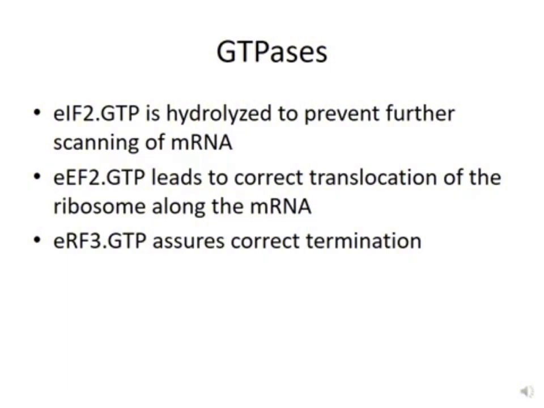And we have release factor 3 GTP, which assures correct termination. Note that there are other GTPases, but these are three examples of how GTPases are used to proofread the translation process, because we have already discussed how dangerous and detrimental it is to incorrectly translate a protein.